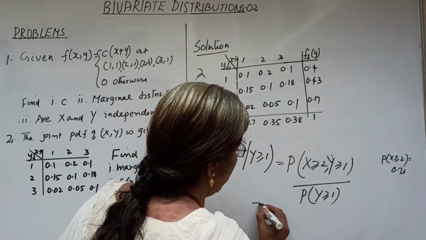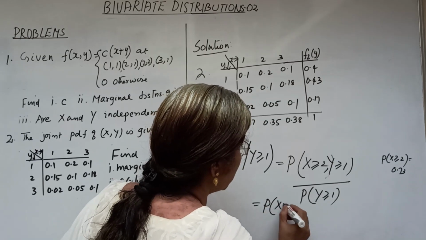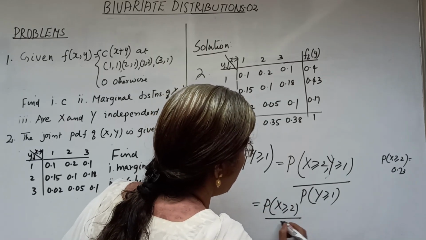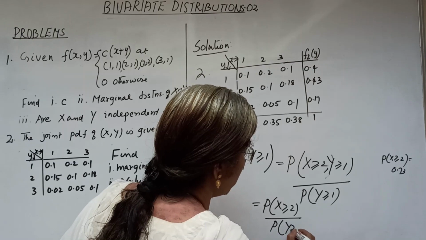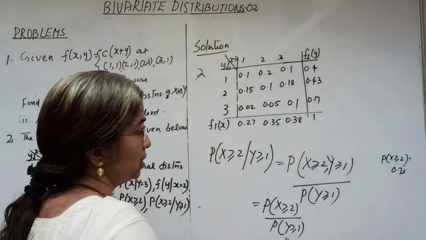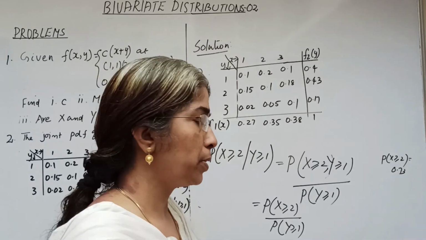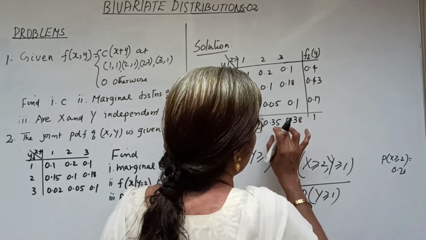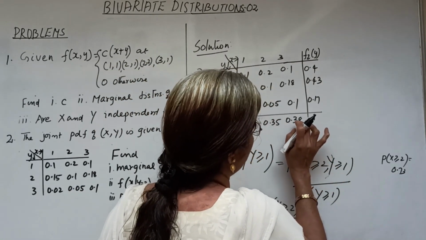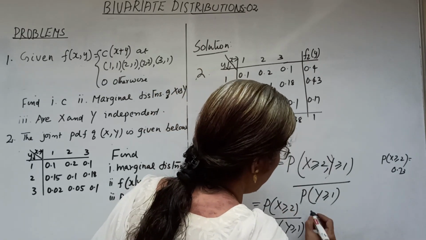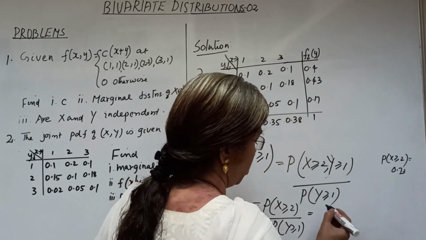Therefore, it is simply probability x greater than or equal to 2 divided by probability y greater than or equal to 1. What is the reason? y greater than or equal to 1 means y equal to 1, 2 and 3. So the second column total plus the third column total gives probability x greater than or equal to 2.